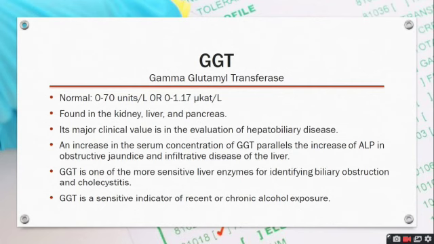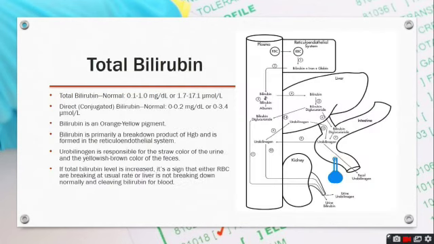So now let's discuss the next enzyme, that is total bilirubin. Bilirubin can be total bilirubin or direct conjugated bilirubin.